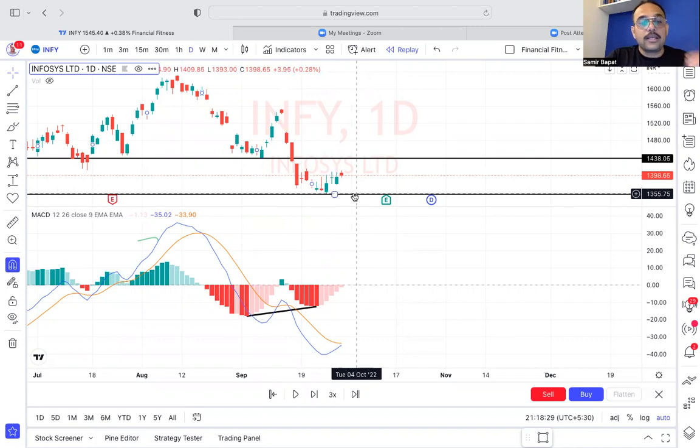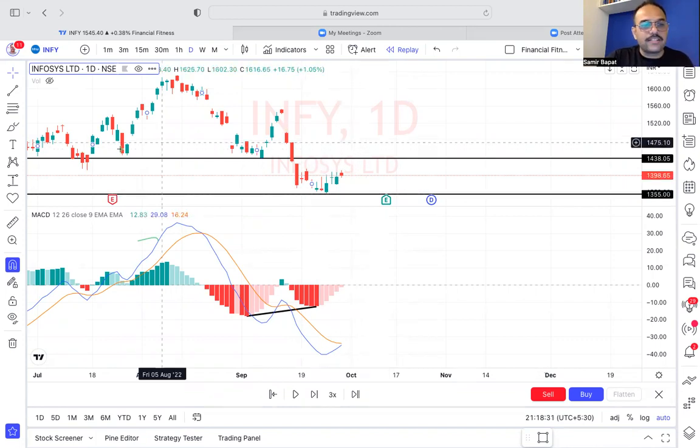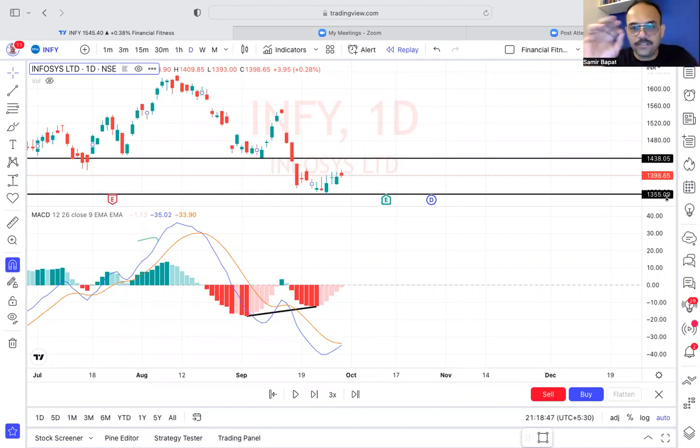Okay. Now, if I see 1438 minus 1355, how much is there? Let me calculate. 1438 minus 1355 is equal to 83 rupees, my gap, correct?